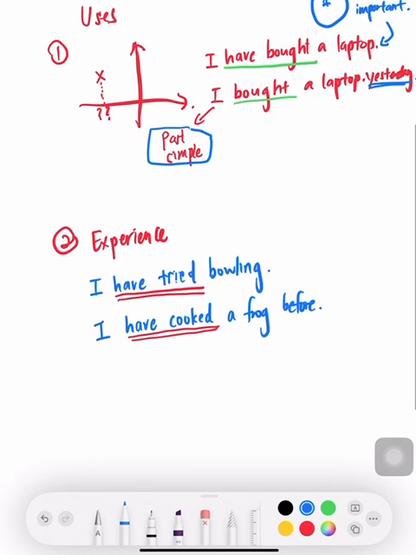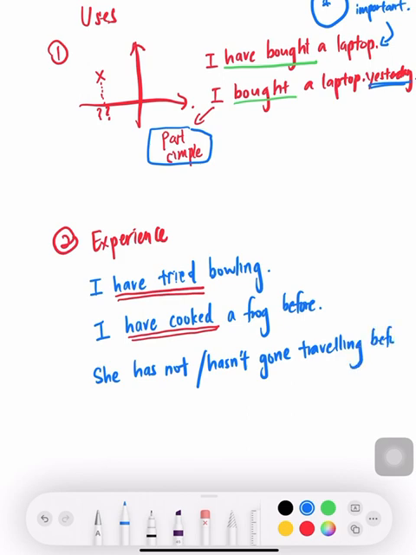I can also say she has not, or she hasn't gone traveling before. So this is an experience that she hasn't experienced yet. All these are using present perfect tense. When it's talking about experience, you will use present perfect tense.